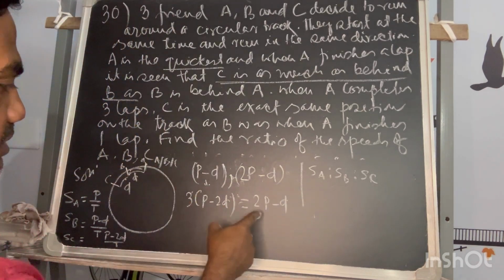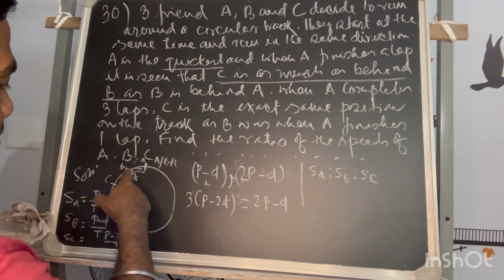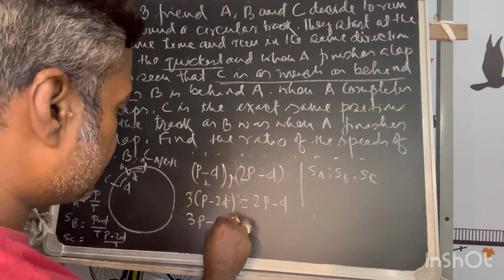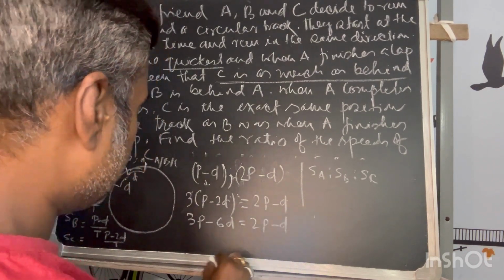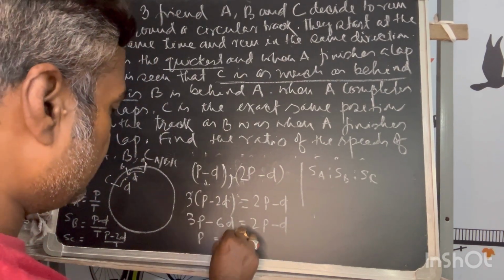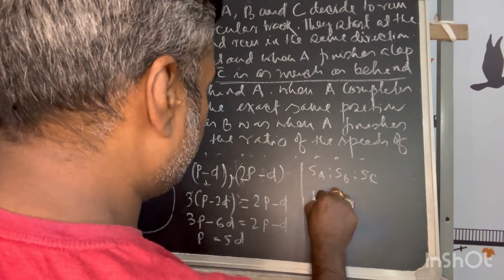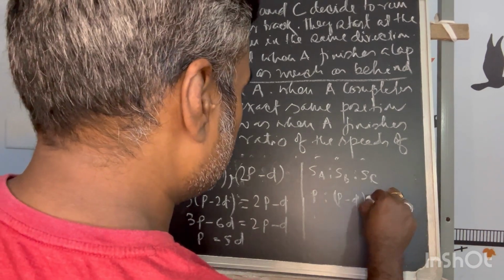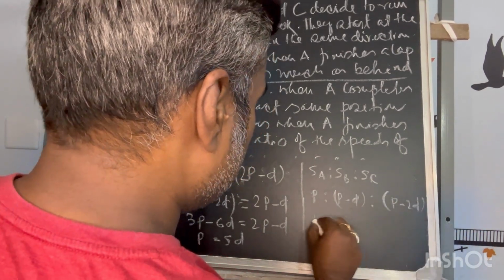B also can get this position when A completes the total lap, so that could be in the second lap also. So 3P minus 6D is equal to 2P minus D. So this is equal to P is equal to 5D. Now put it there again. T is cancelled out, I have already shown, so I will not repeat that step.